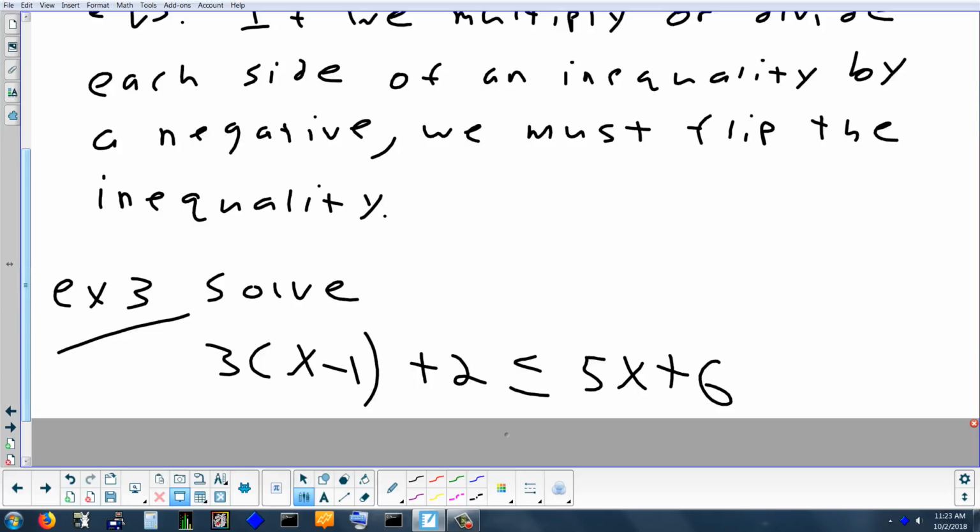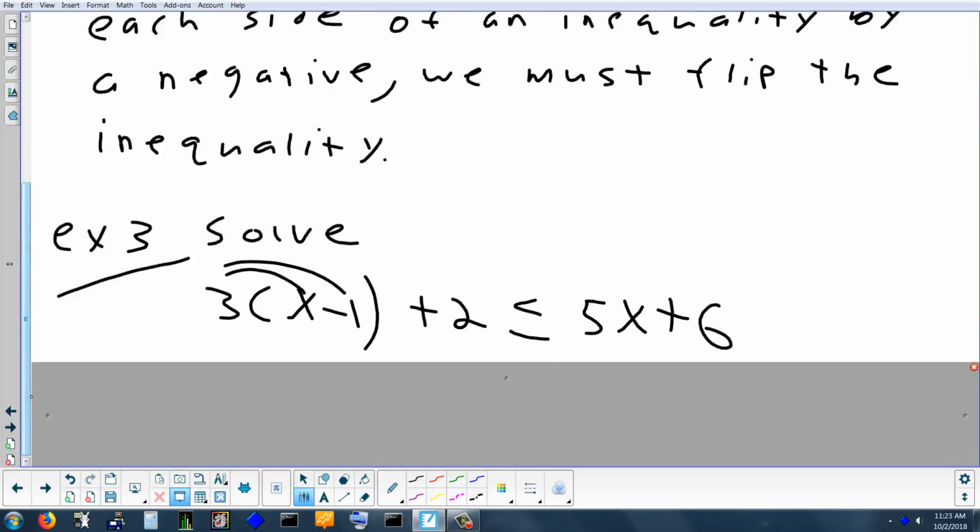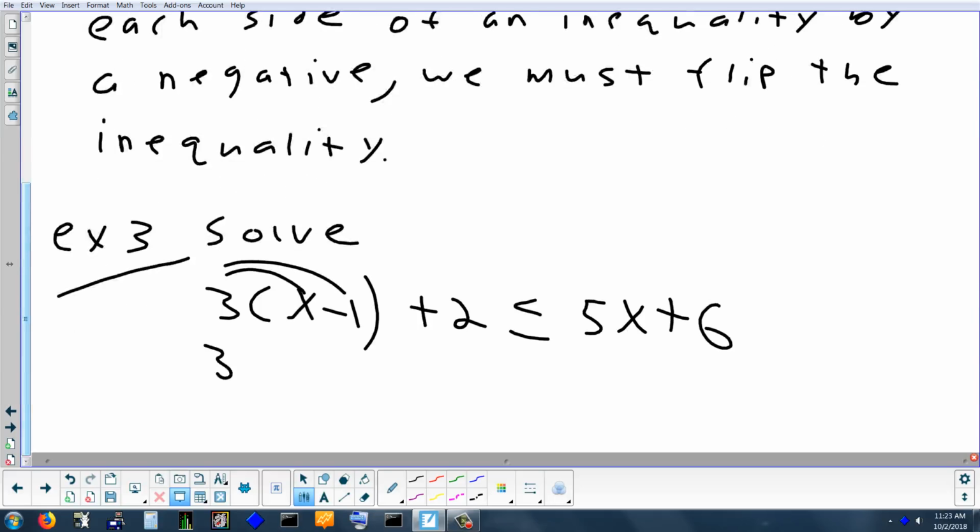Can you explain how you do that? You just do 3 times x, 3 times negative 1. Yeah, so distribute. That's fine. I just asked you to explain it because I thought you knew what you meant, but just used the wrong word. So multiply it out: 3 times x, 3 times negative 1. If you want to add the 2 in your head right now, you can. I'll do it in the next step.